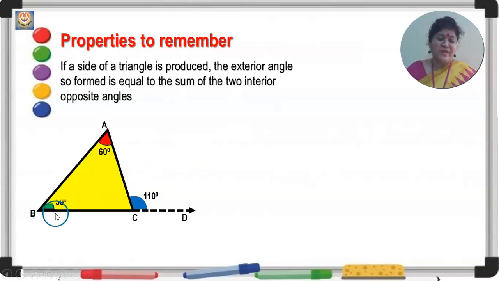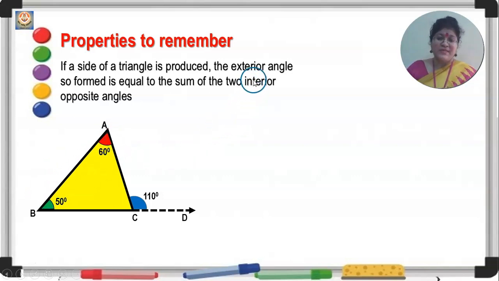The measure would be 50° because the exterior angle is equal to the sum of the remote interior angles, or the sum of the two interior opposite angles. Which are the interior opposite angles? If this is the exterior angle, do not take this, okay? Take the ones lying in the extremes. So two interior angles. So these two angles.